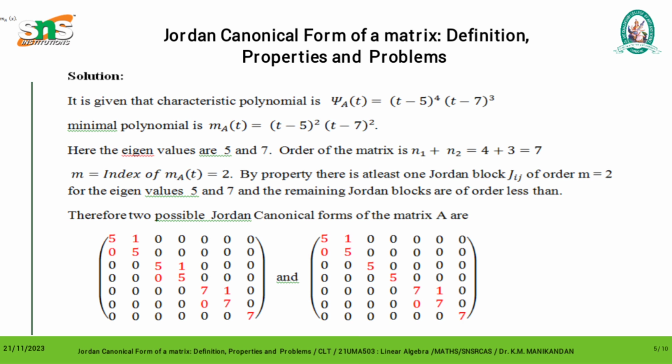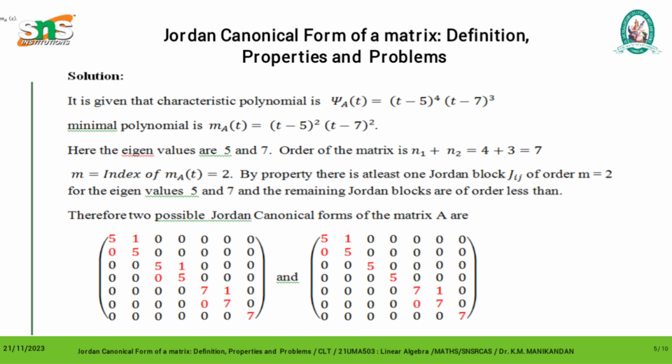And the order of the matrix should be 7. So by our definition, there must be at least one Jordan block of order 2 corresponding to the eigenvalue lambda equal to 7. Therefore, in the first form, marked in red, the block 5 1 0 5 comes first. The next block is designed for eigenvalue lambda equal to 7 of order 2, 7 1 0 7.